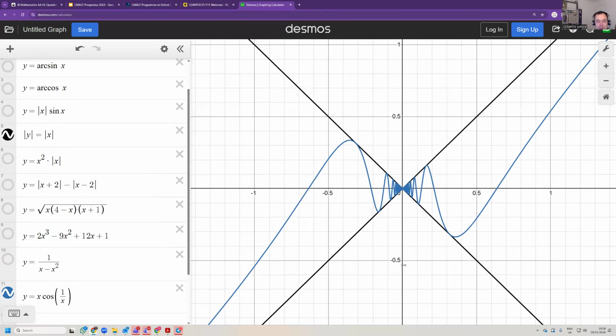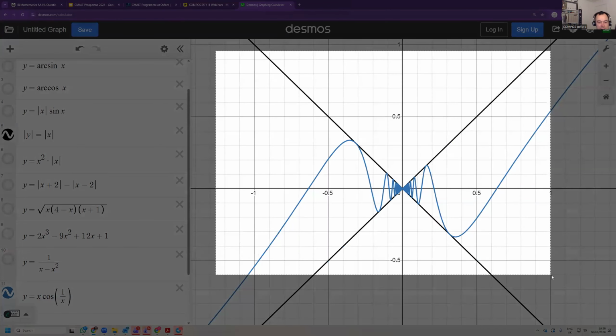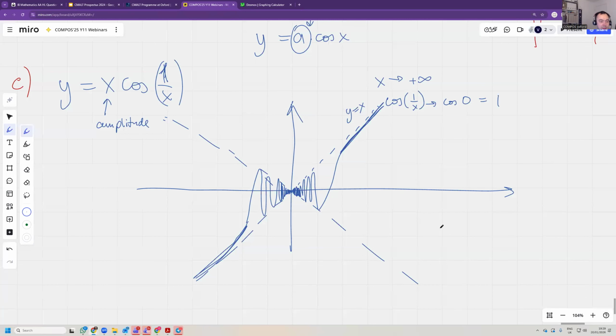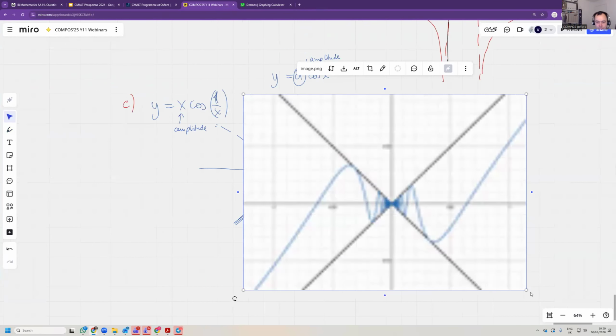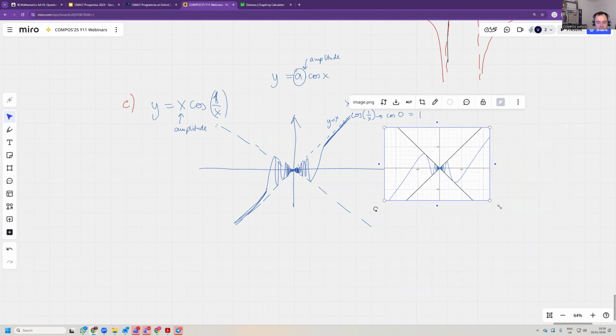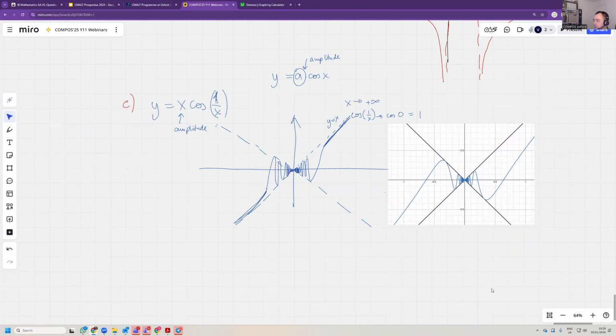It does oscillate between these two lines slightly. Oh no, I think I'm spot on. Yeah, definitely. Spot on with the graph. Oh, lucky me.